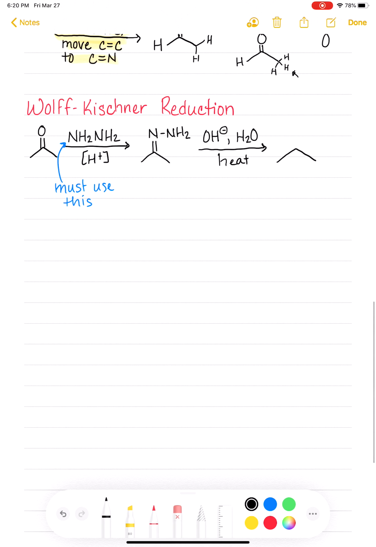Isn't that cool? This is a great way of removing functionality from a molecule. There's not a lot of situations where we want to remove functionality, because I know a lot of times I say we have to put something, we have to create functionality. We've got to put a functional group on this molecule so that it can do something.